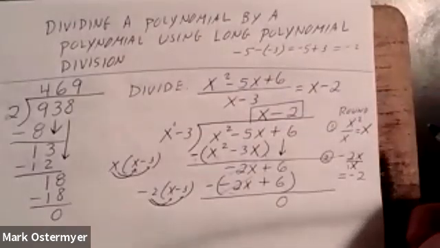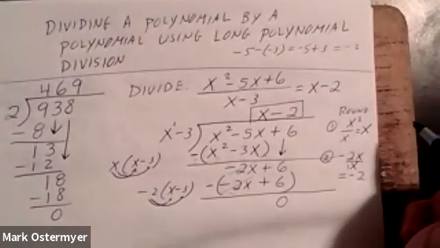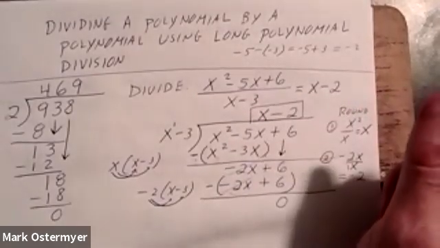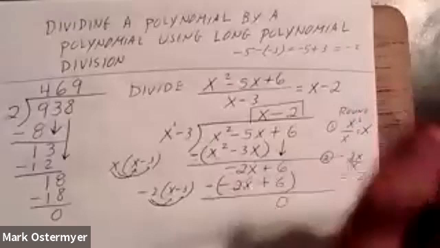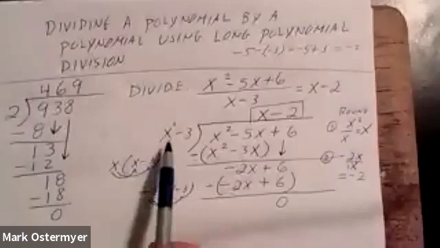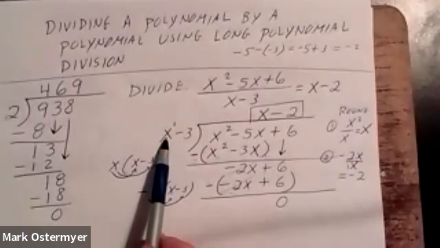This is called long polynomial division. Any questions with what just happened here? That makes sense, ladies and gentlemen? I don't understand step 1. Step 1, we ask ourselves, how many times does x divide into x squared?